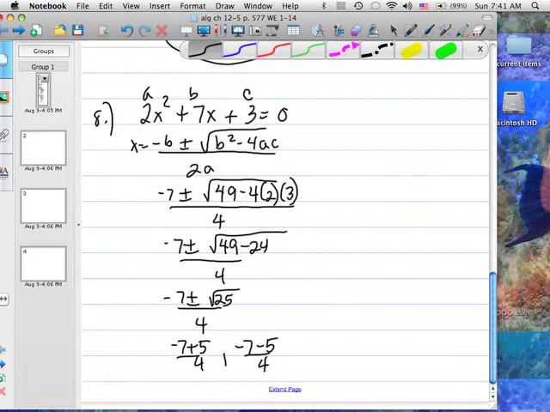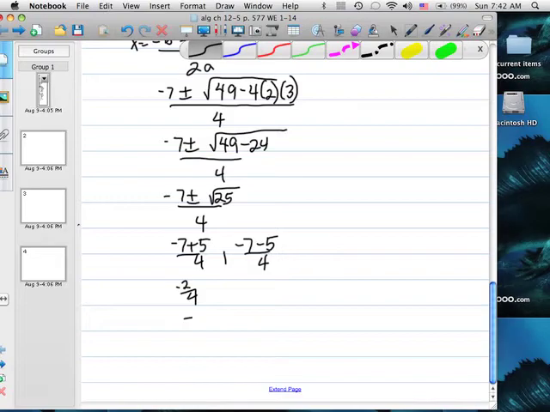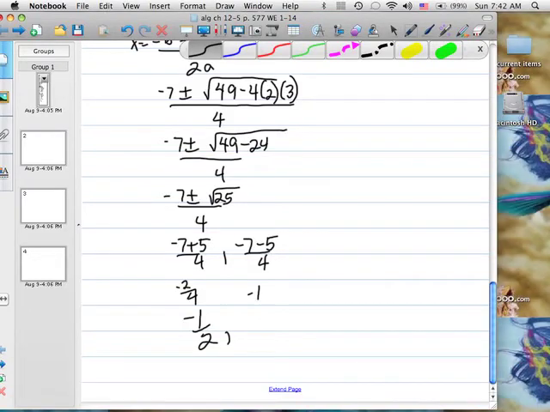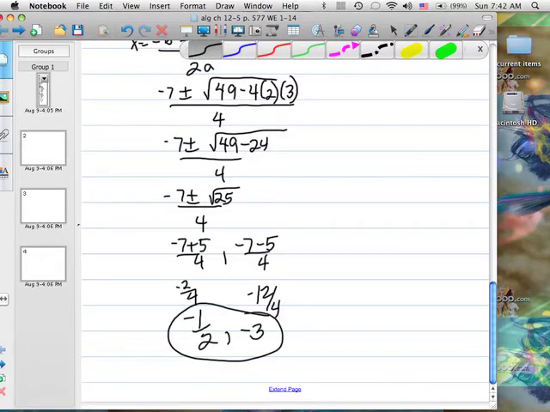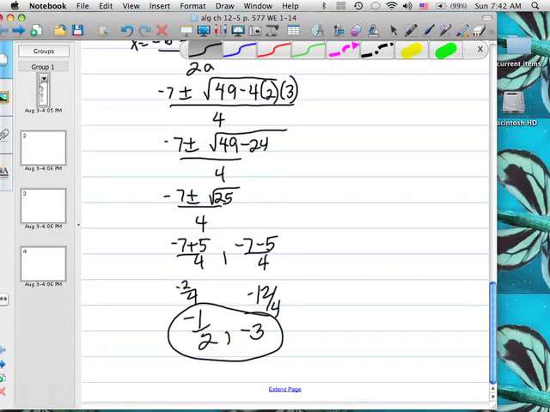Negative 7 plus 5 is negative 2. So negative 2 fourths is negative 1/2. And negative 7 minus 5 is negative 12 over 4, which is negative 3. So my solution, and checking the answer, is negative 1/2 and negative 3.